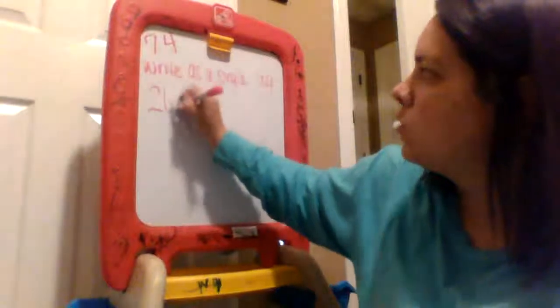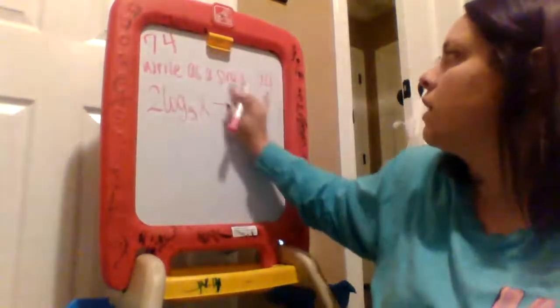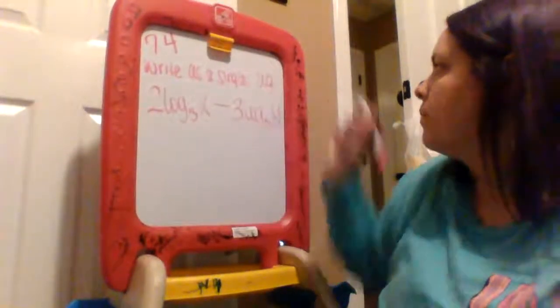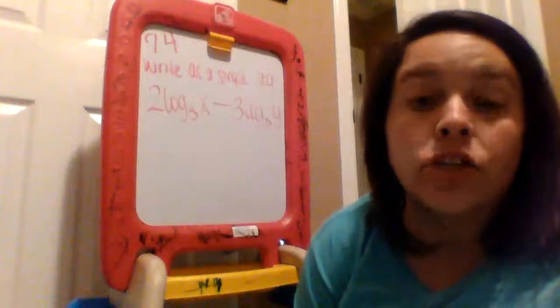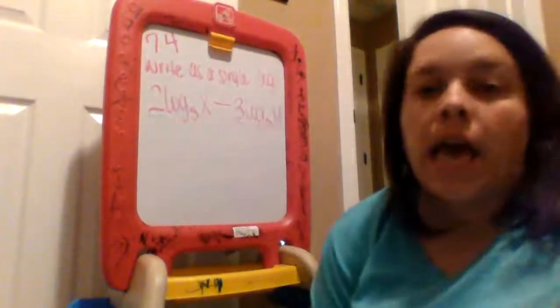So 2 log base 5 of x minus 3 log base 5 of y. All right, this one has two properties in it. There is a number out front, and then there is subtraction, okay?